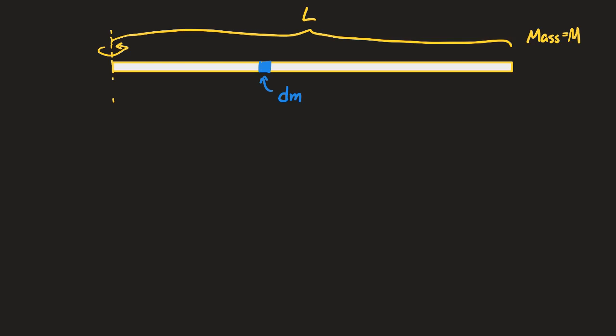What I am going to do is I'm going to say that pieces of mass are a distance x away from the origin, and that every piece of mass is a distance dx wide. I know this seems a little weird in the beginning, but I'm trying to get a way of writing this geometrically.